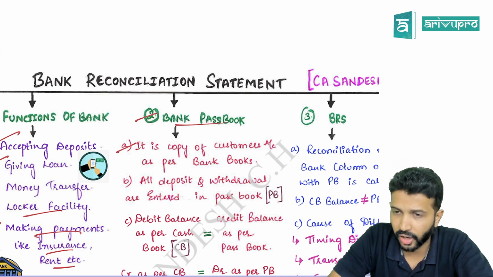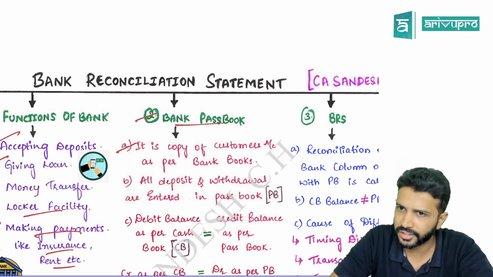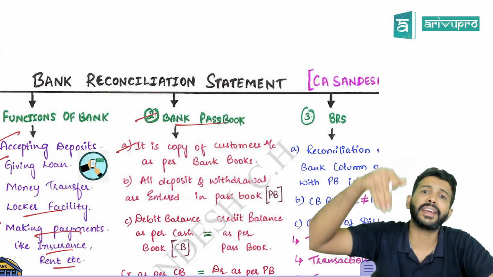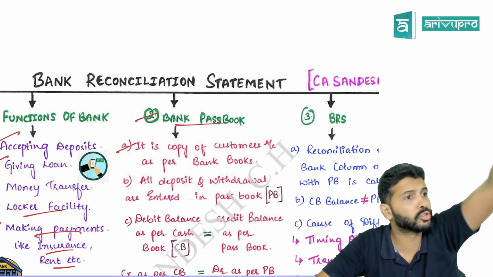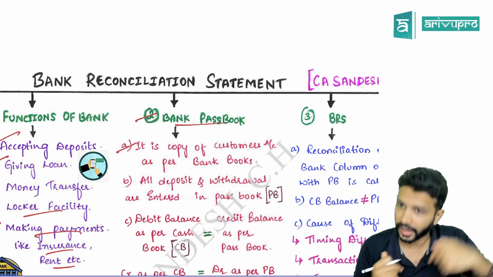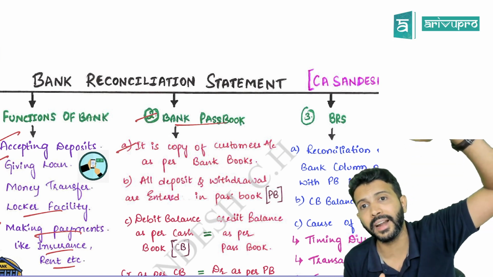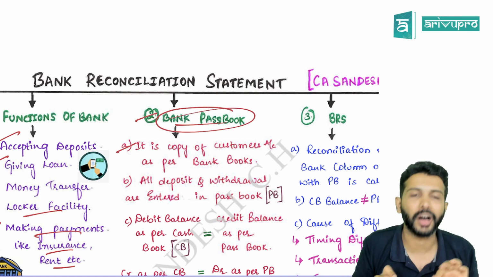In our accounting records we maintain a cash account as well as a bank account. Similarly, the bank will also maintain our account. Just like we maintain a bank account in our accounting records, the bank will maintain our account in their ledger. That we refer to as the passbook.